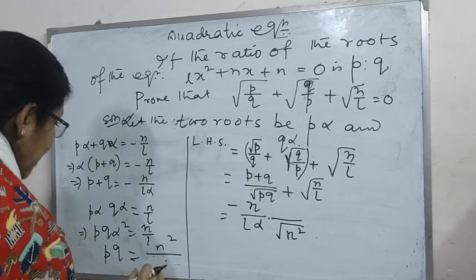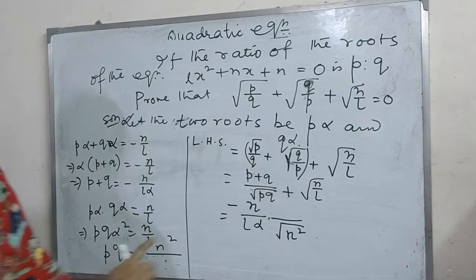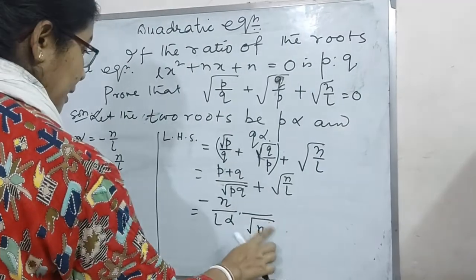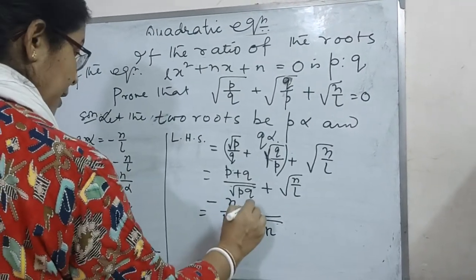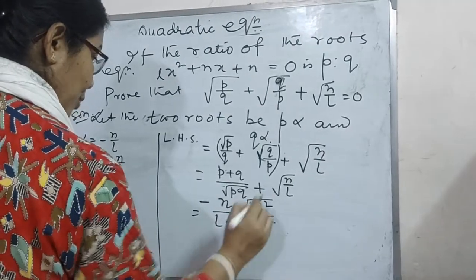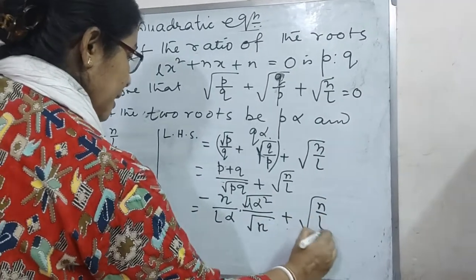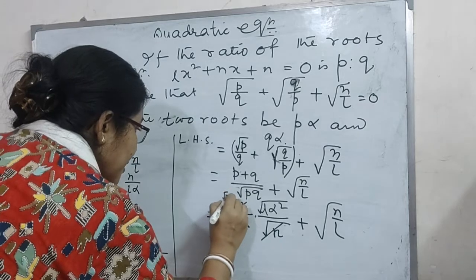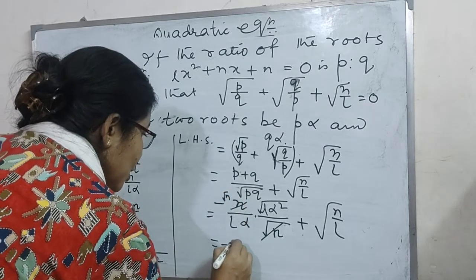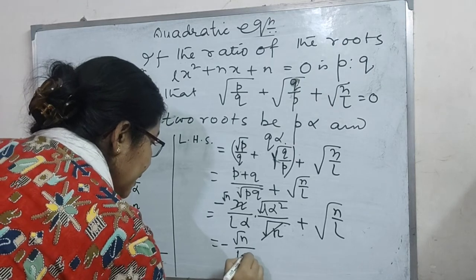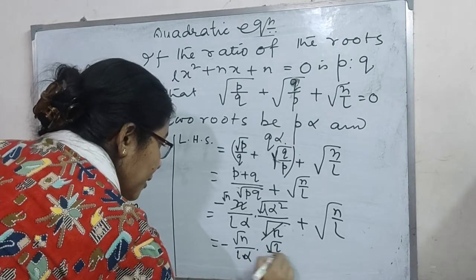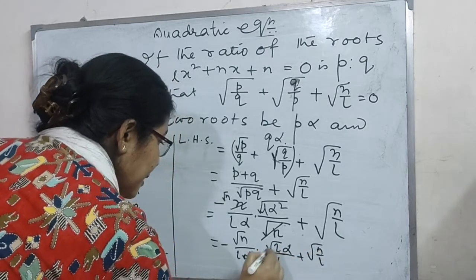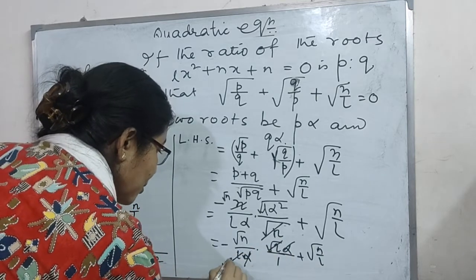root over n by L alpha square. So this is minus n by L alpha over root over n by L alpha square, plus root over n by L. This is equal to minus root n by L alpha over root L alpha, plus root over n by L. Alpha cancels out.